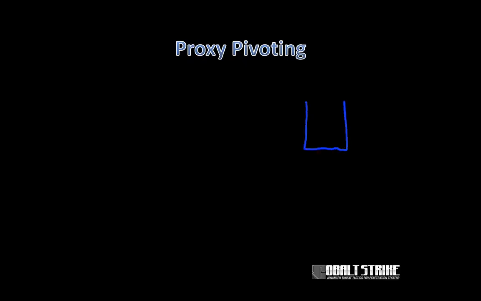Let me explain proxy pivoting real quick. We have a target system that is compromised, and we have our Cobalt Strike team server over here. And the target is communicating with us via HTTP, HTTPS, DNS, external C2, or even chained through multiple sessions.